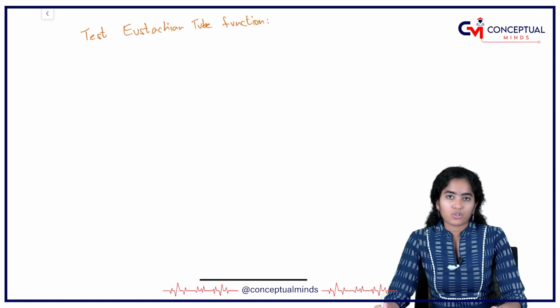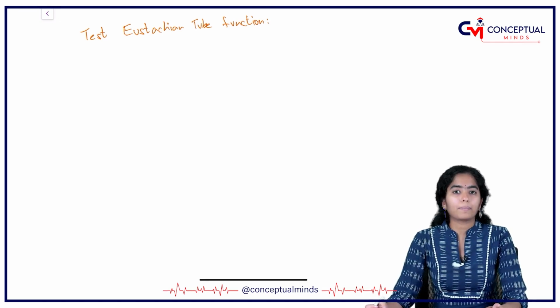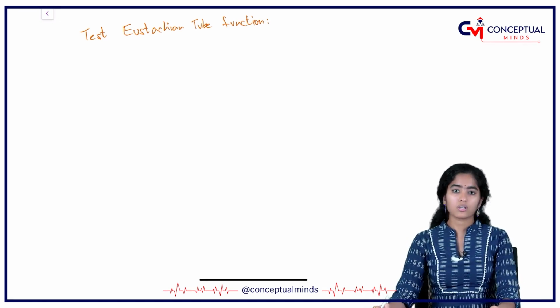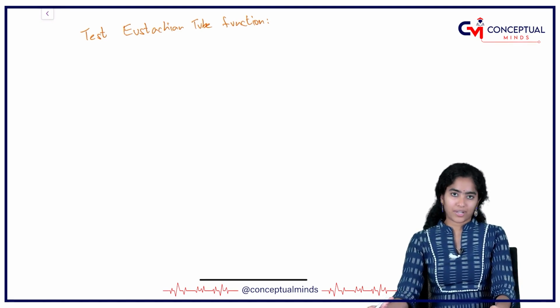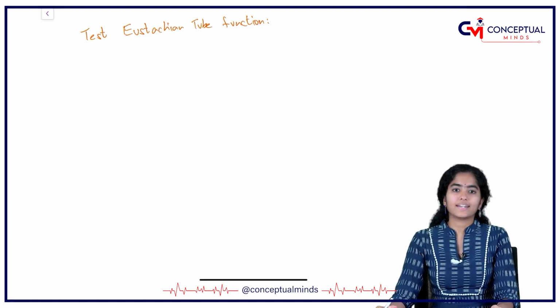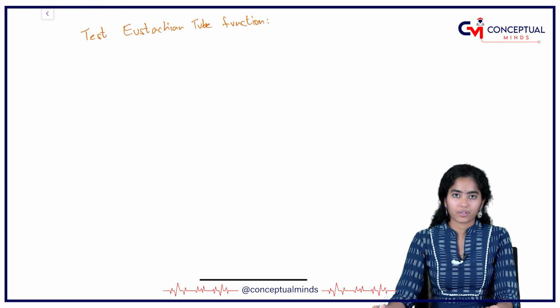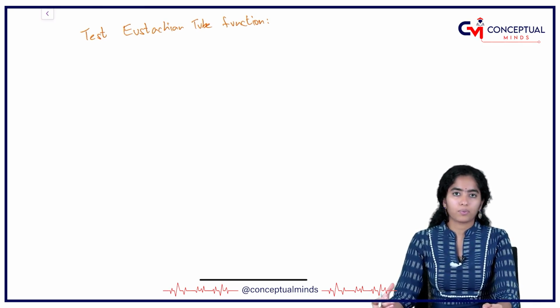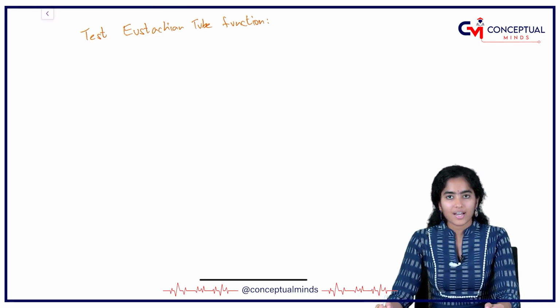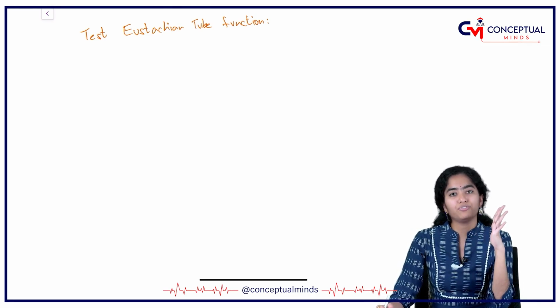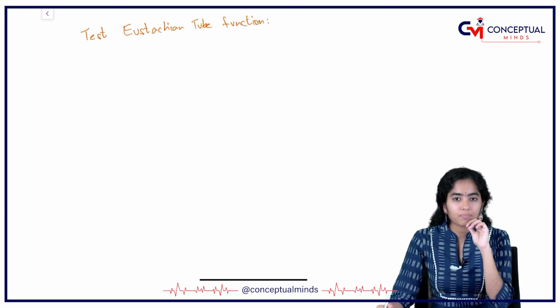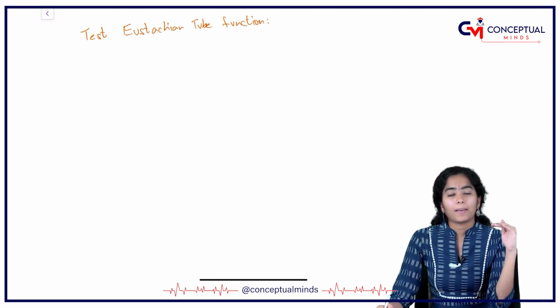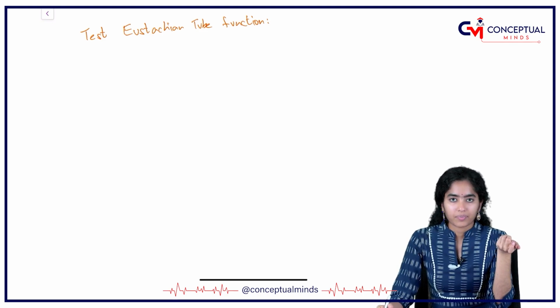How can we test the function of Eustachian tube with tympanometry? So, a negative pressure or a positive pressure is created in the middle ear by causing pressure changes via this probe. And then we ask the patient to swallow 5 times in 20 seconds. And then we measure pressure again.